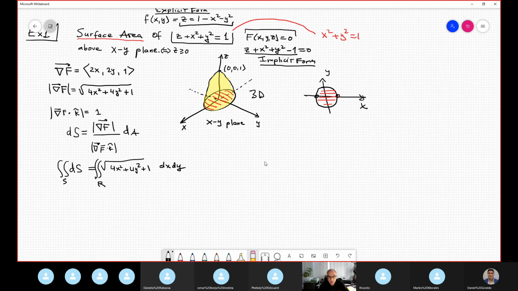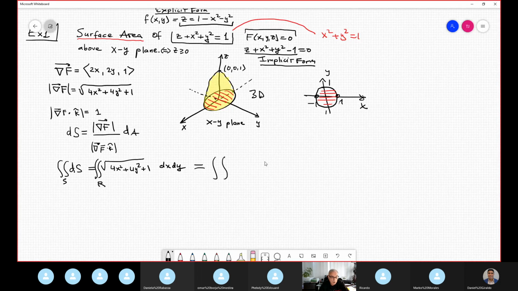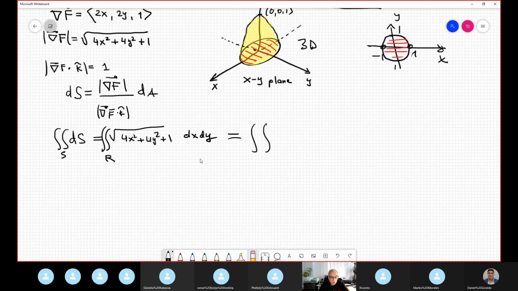Okay, so my goal now is to set up the double integral. It is obvious that the easy way is using polar coordinates. So now I can modify this integral, which I set up in Cartesian xy, into polar. This is my region R. Look, this R region is this R region.